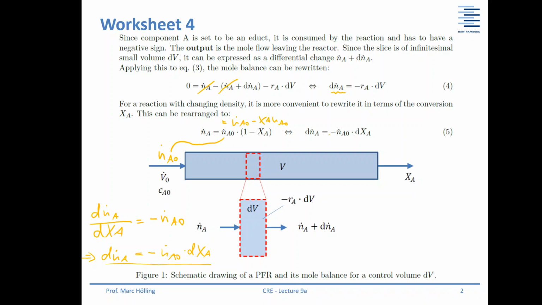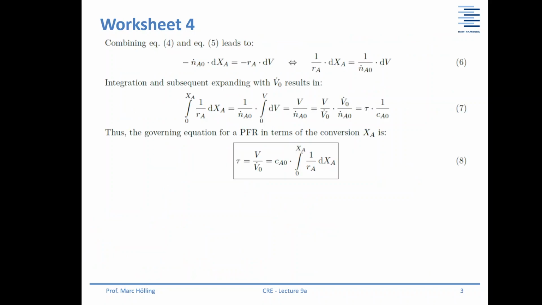Now we are just replacing this in equation 4. Building the derivative, we can rewrite it like this and substitute it over there. This is the new equation that we get here.